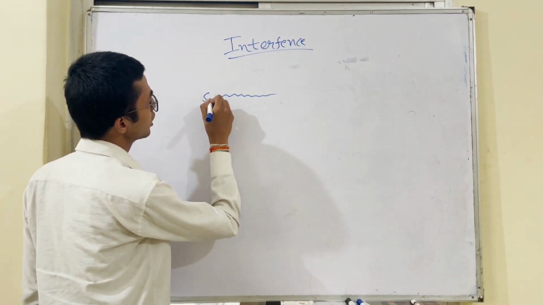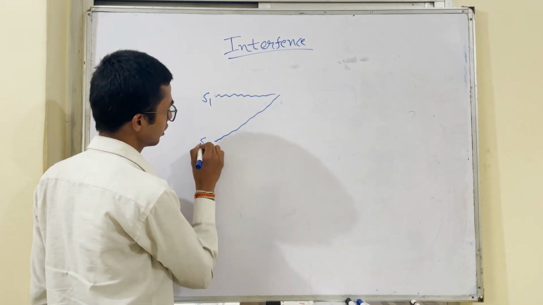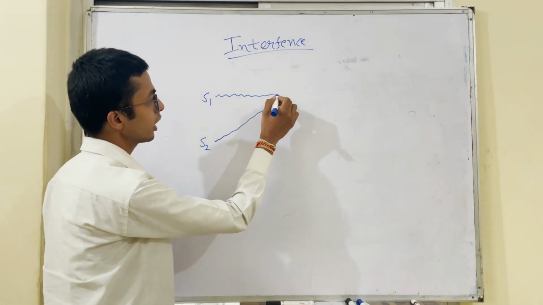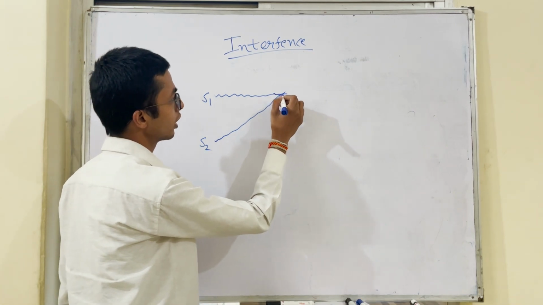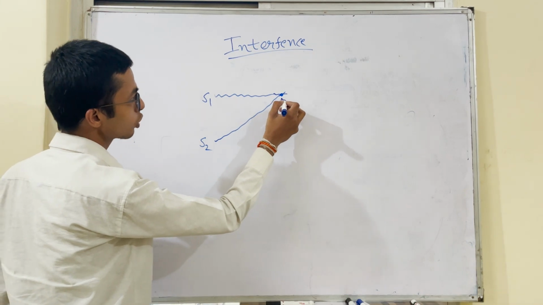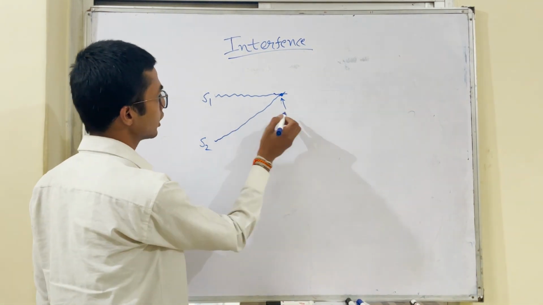I'm saying this is source 1, this is source 2, this is wave 1, this is wave 2, and they are meeting at one point. The superimposition of these waves is taking place at this point.